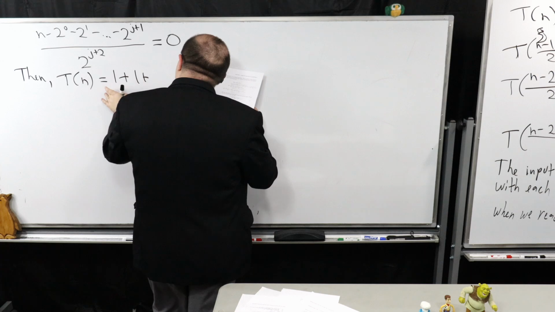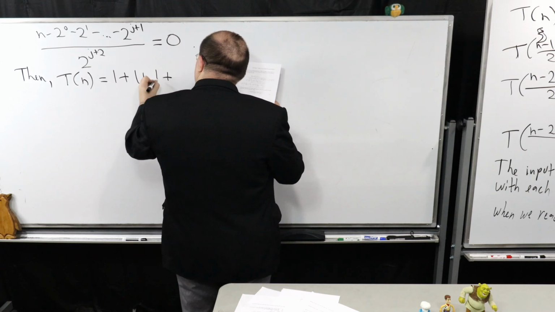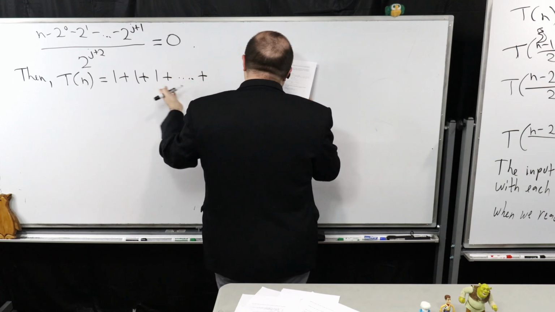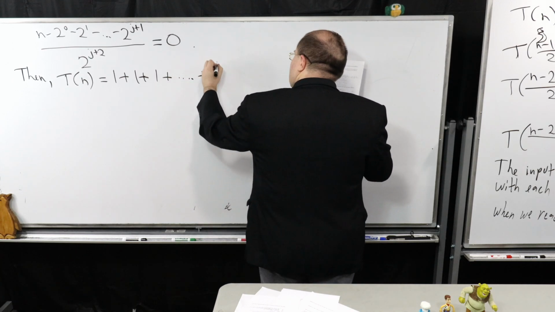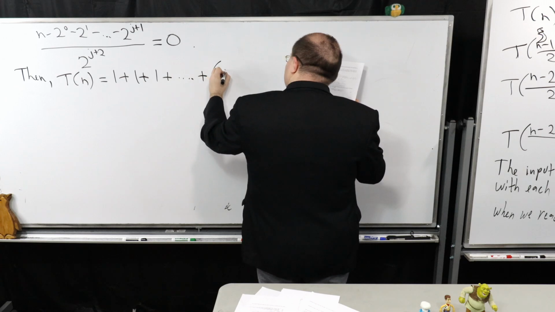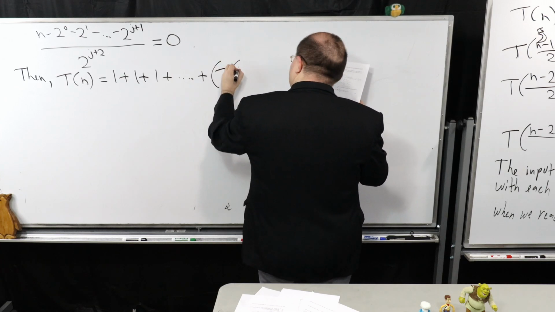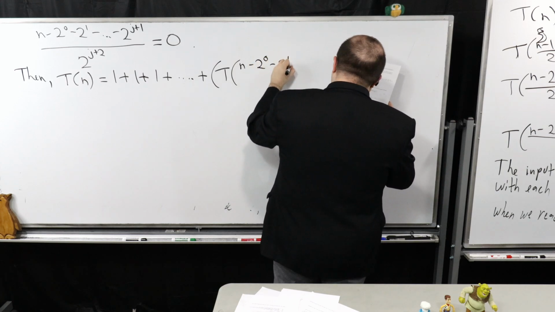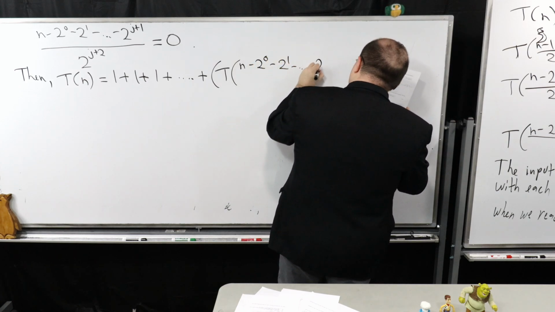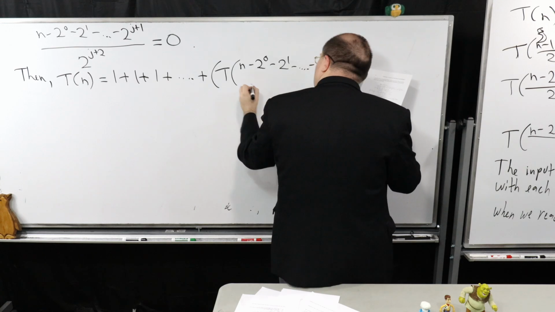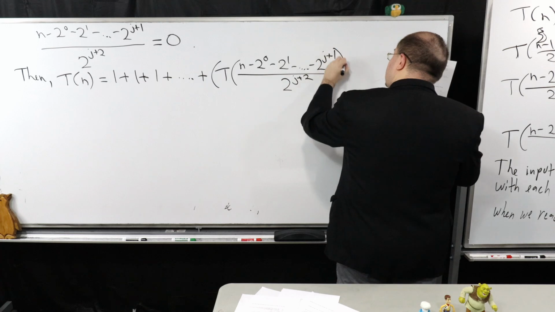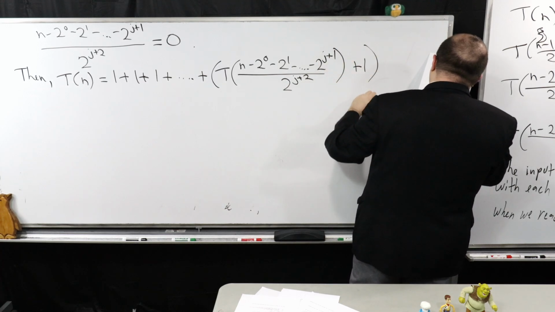Each of these is for the non-recursive work. 1 plus 1 plus, all the way up. There's going to be a bunch of 1s I'm adding. Then we're going to have this final call that happens: 2 to the power of j plus 1 all over 2 to the j plus 2, plus 1.